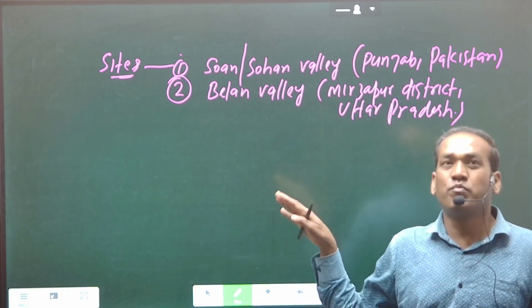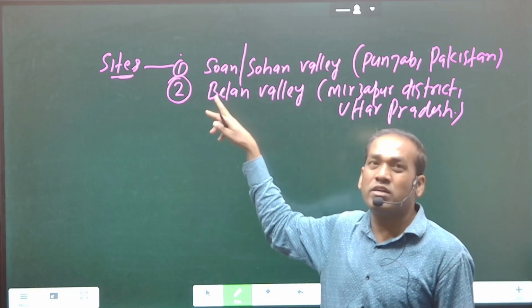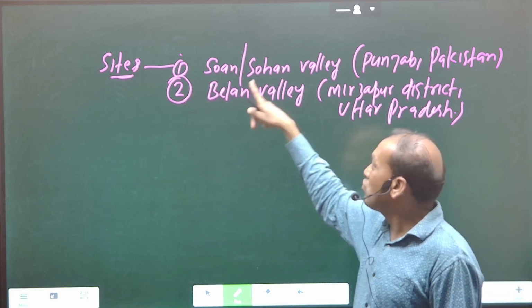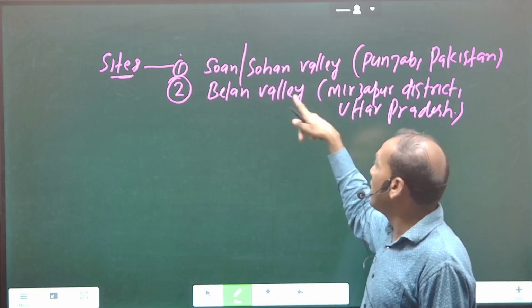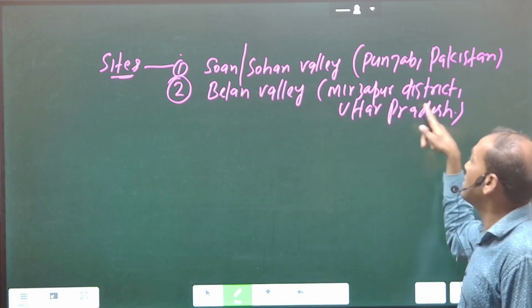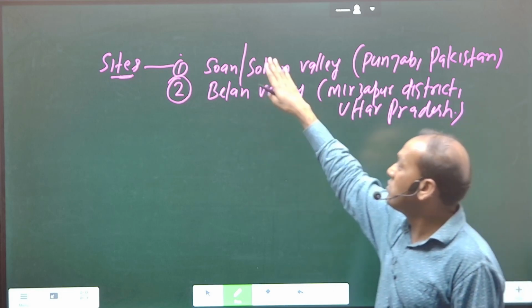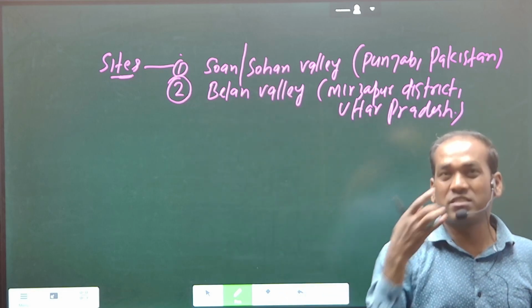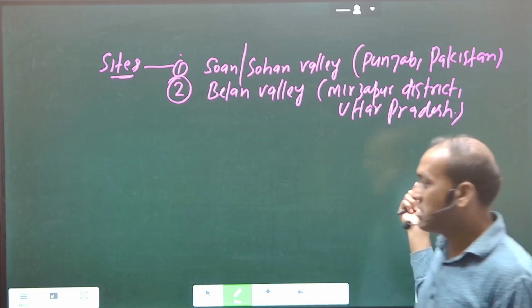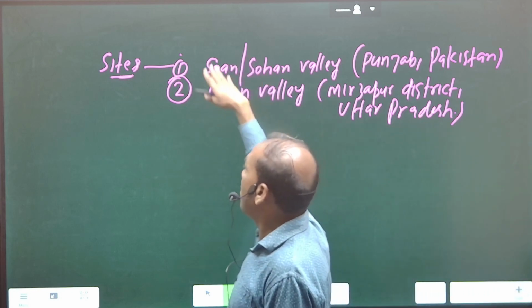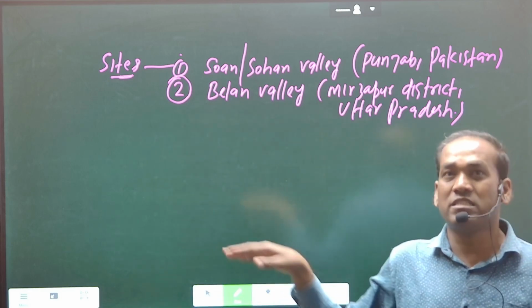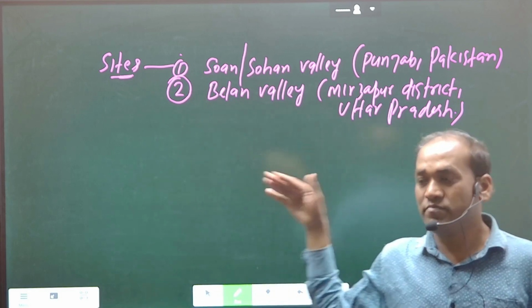And we have also provided you related to the Lower Stone Age, Paleolithic age sites, two sites: Sohan Valley, Belan Valley. Sohan Valley is in Punjab, Pakistan. Belan Valley in Mirzapur district, Uttar Pradesh. From these two sites, we have discovered so many things related to the Paleolithic age. So on the basis of these sites, you can say that Lower Paleolithic age existed in India and the activities they perform.